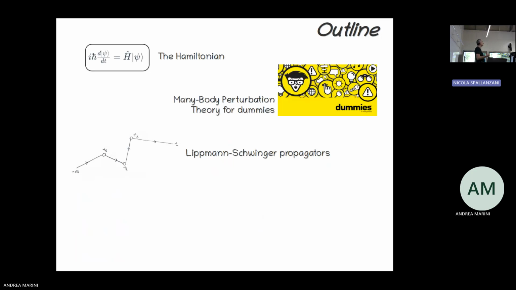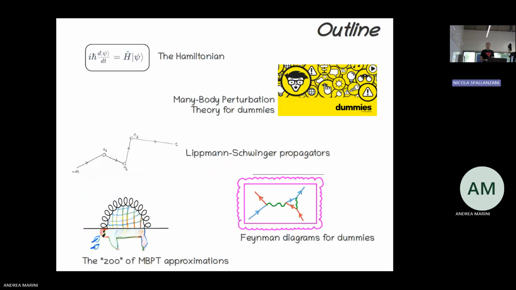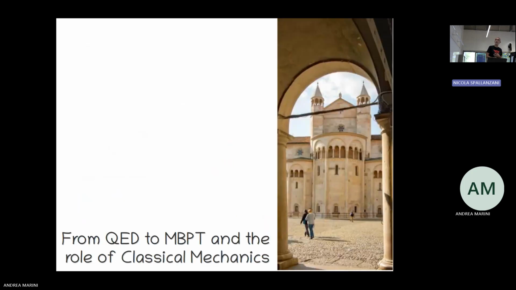Propagators usually take about 6 hours in a many-body course, and today we use a shortcut, the Lippmann-Schwinger approach. The Lippmann-Schwinger approach is a very simple approximation to the concept of real-time dynamics at equilibrium that introduces propagators. Then we will discuss Feynman diagrams and briefly the zoo of many-body approximations.